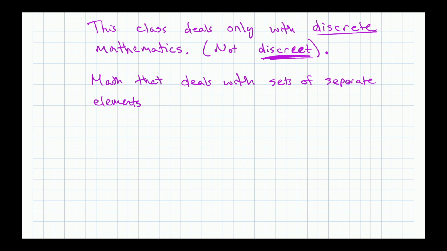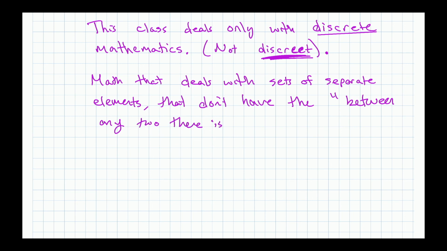Typically there are gaps between the elements. They don't have the property that between any two there is a third.